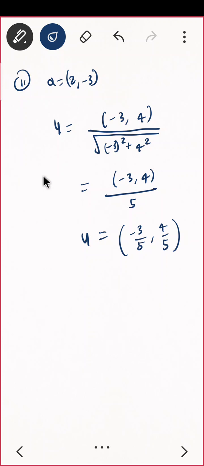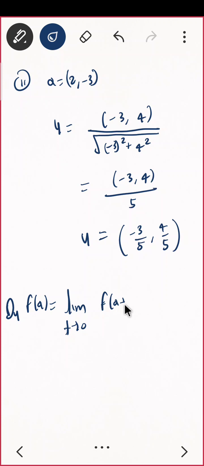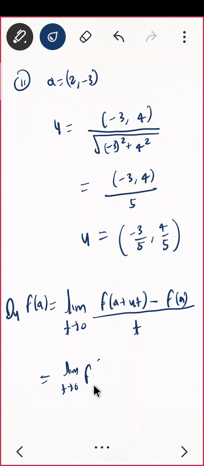So what is the formula to calculate the derivative? Du f at e is limit t tending to 0 of f of e plus ut minus f of e upon t. Let us substitute it. You just need to find first what is e plus ut. So this is limit t tending to 0 f of e, which is 2 comma minus 3, plus t multiplied by u, which is minus 3 by 5 comma 4 by 5, minus f of 2 comma minus 3.